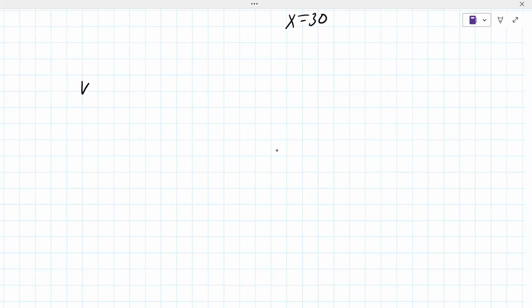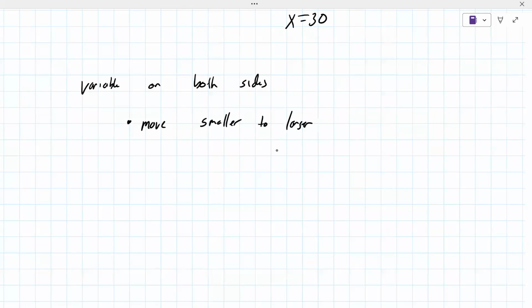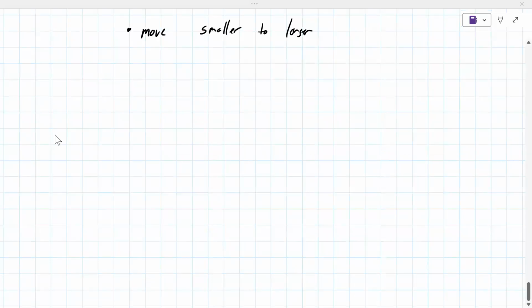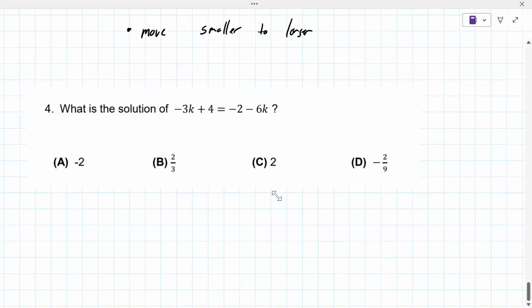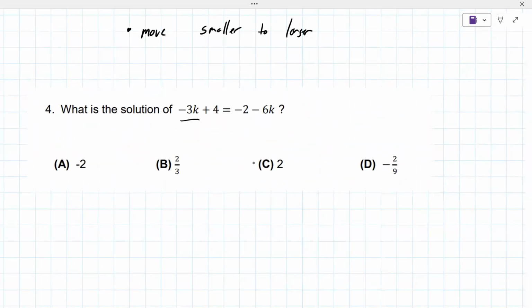The next type of problems will have variables on both sides. And so what your process is, you always move smaller to larger. And if you have no idea what I'm talking about here, we will take a look with this. So which is smaller, minus 3K or minus 6K?